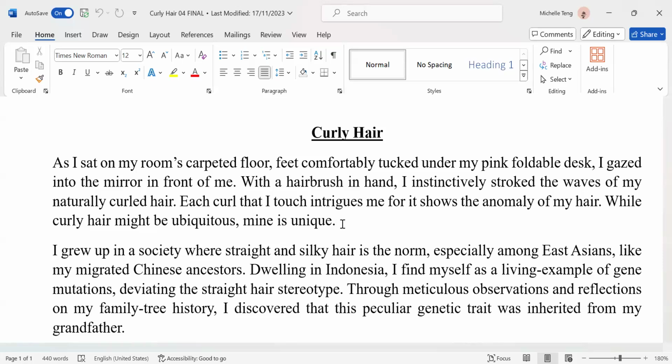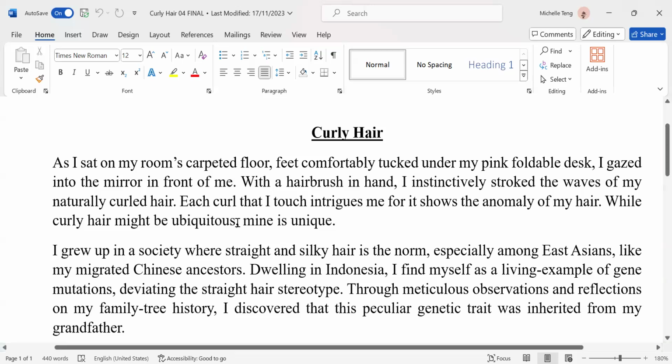And since we have the word "while" at the start, it usually makes the clause weak. So it is a weak clause, or you can say a dependent clause, meaning it is dependent on the stronger clause. So it's followed by a comma, and then this is the strong clause.